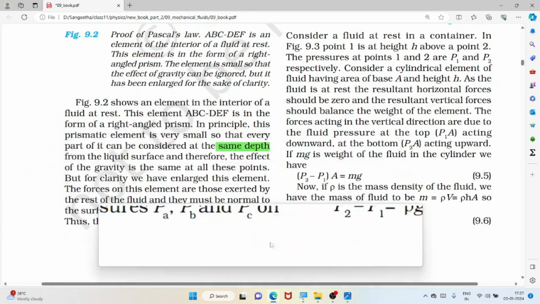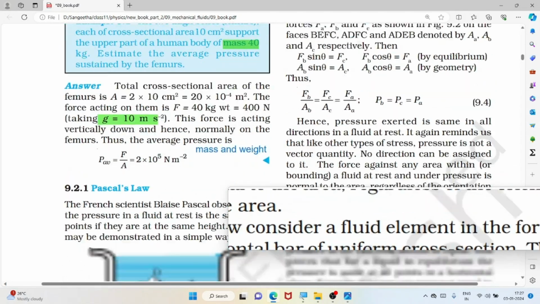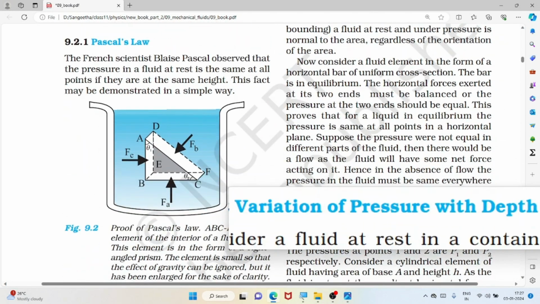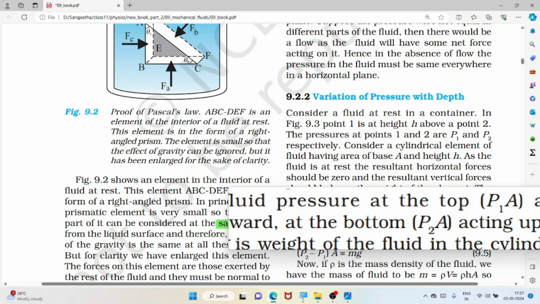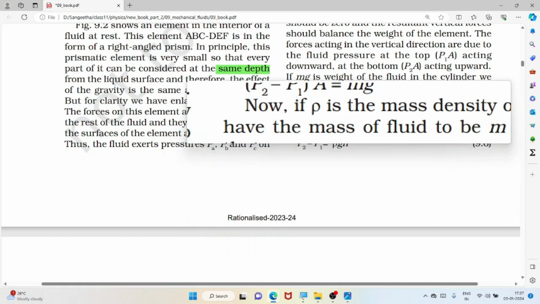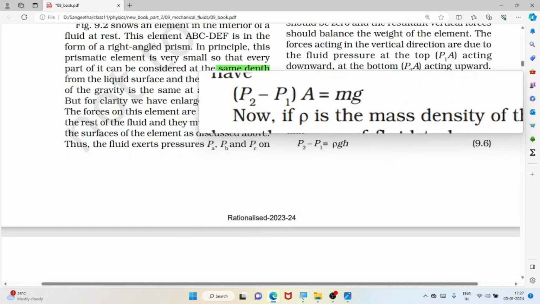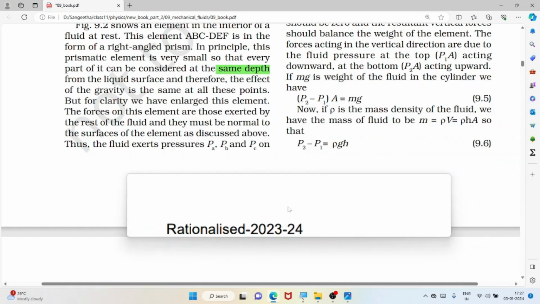Pascal's law. Variation of the pressure with depth: the pressure difference into area of cross section is equal to mg.